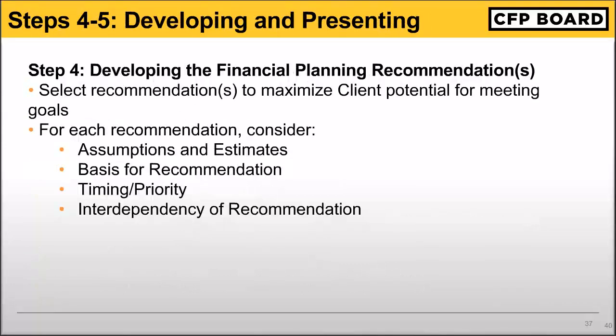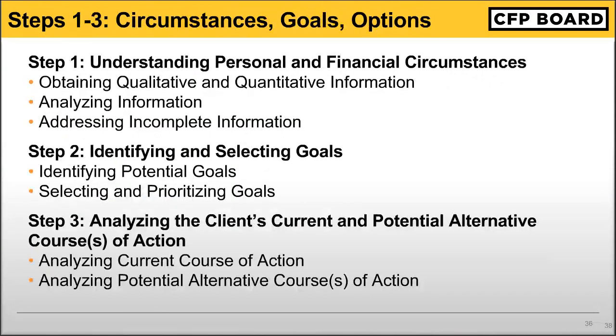So the next step is step 3. That's analyzing the current and potential alternative courses of action. So the first thing to do is look at what is the current course of action. Is the current course of action going to get you there? Is that what you need? Do you need more? It may be that the current course works and you don't need to make any changes.